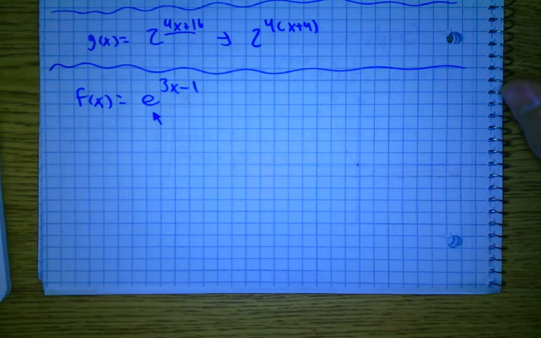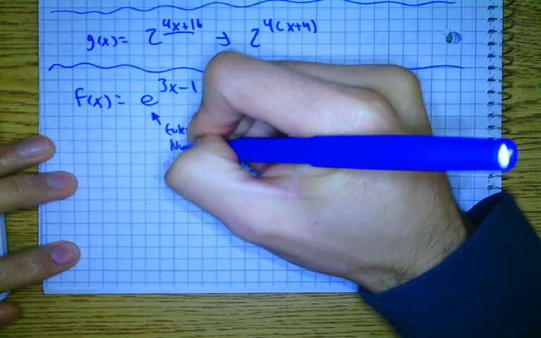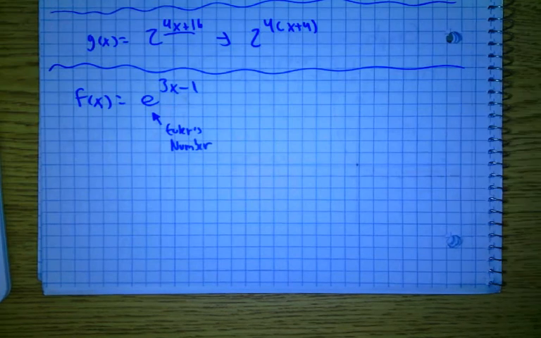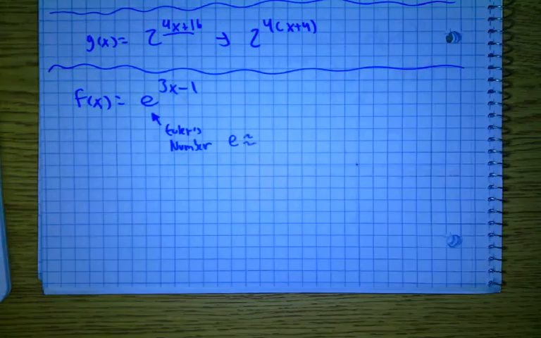Yeah, it's Euler's number. This is Euler's number, and it's named after the guy that found it. Okay? Does anyone know what it approximately equals? Nope. It's okay. It's 2.718.